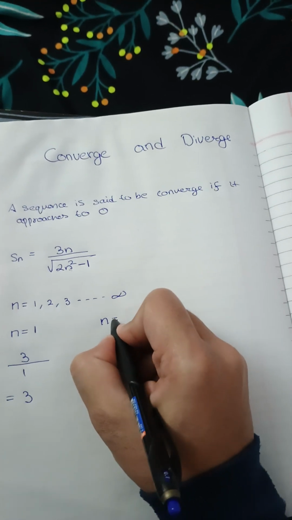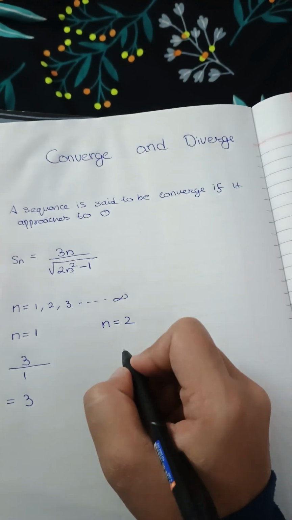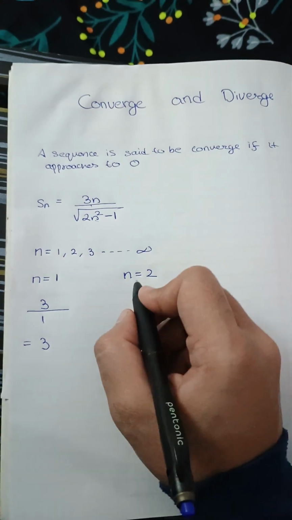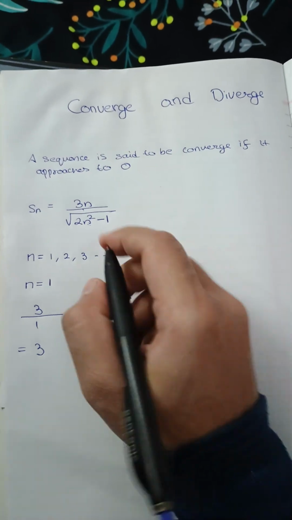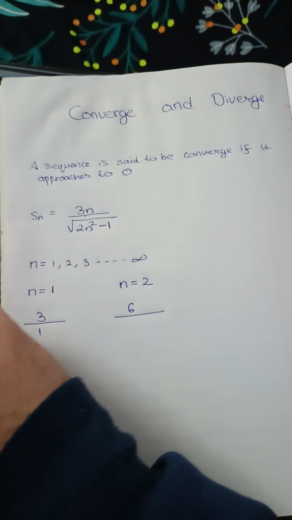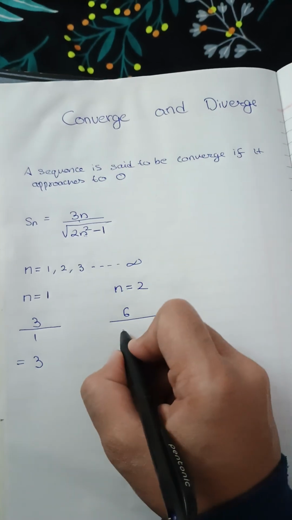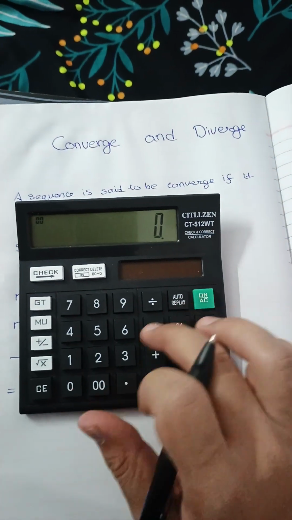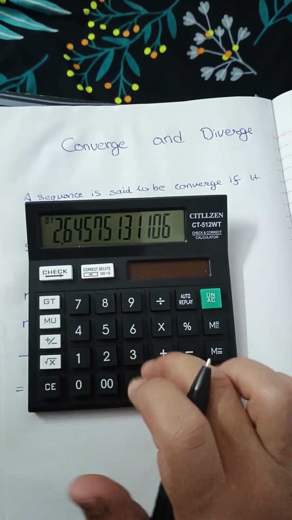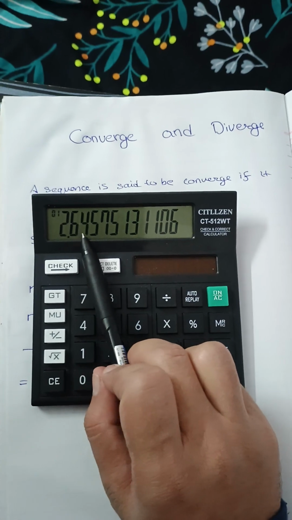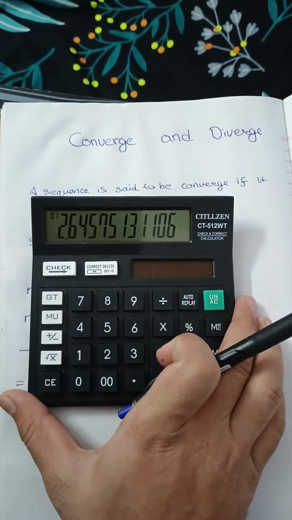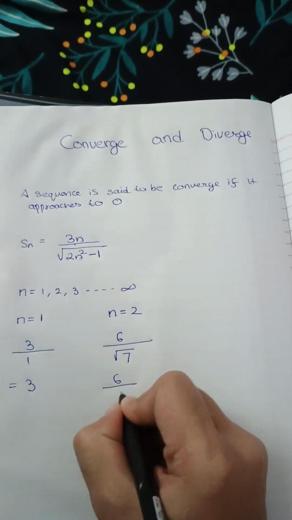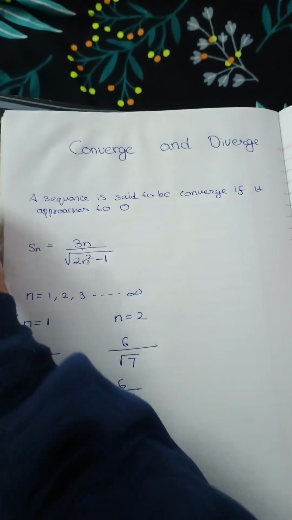Now for n equals 2, we will substitute the value in the equation. We will get 6 upon under root 8 minus 1, which is under root 7. The value of under root 7 is 2.64, so we will consider this as 2.6, which is 6 upon 2.6.